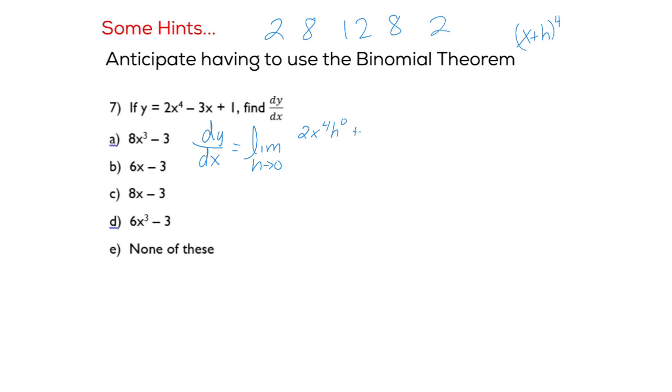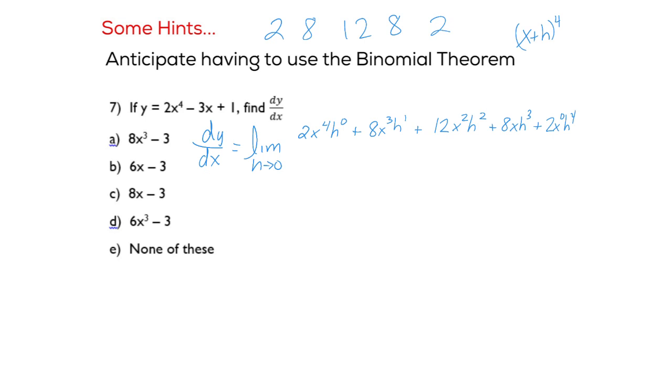Plus, now I go to the next Pascal number, 8. x is going to work its way down. h is going to work its way up. Next one, 12. x works its way down. h works its way up. 8 x h cubed plus 2 x to the 0, h to the 4th.